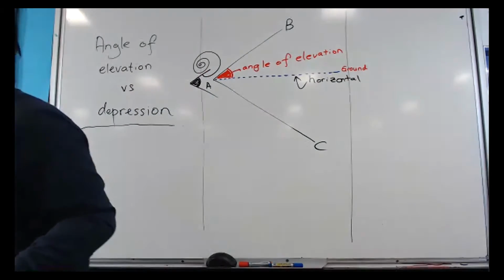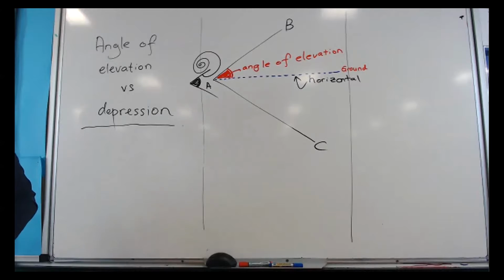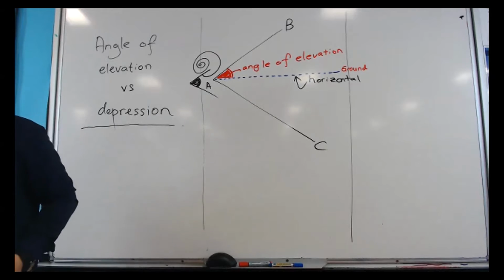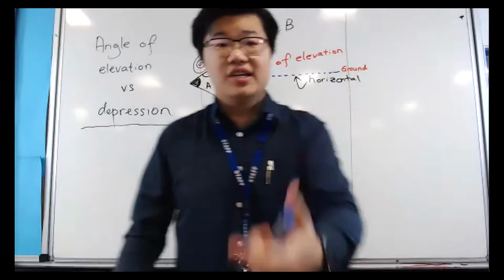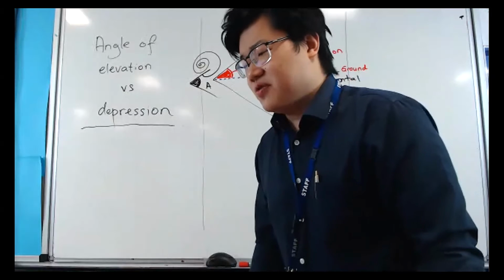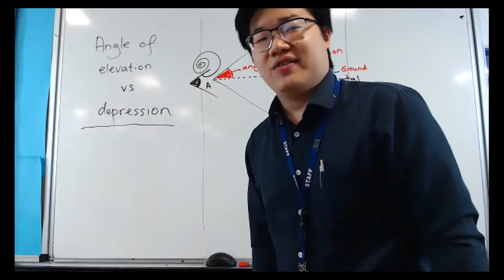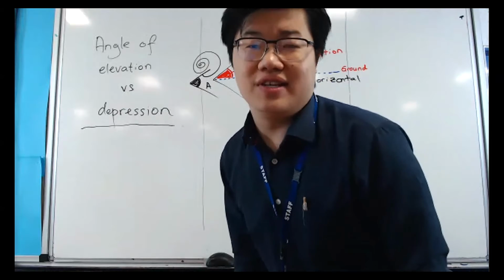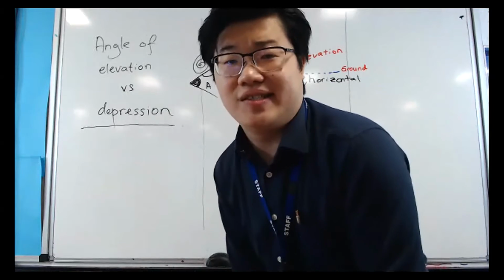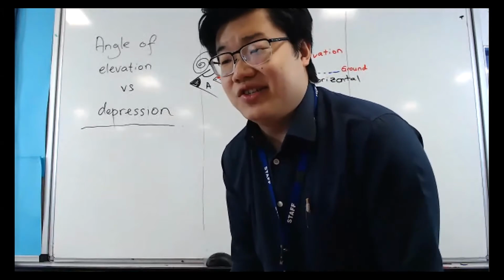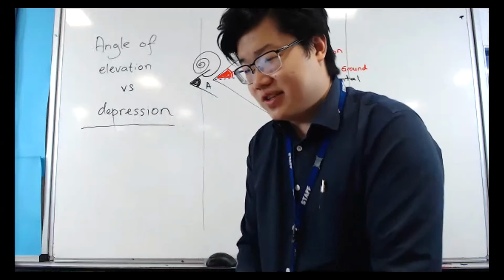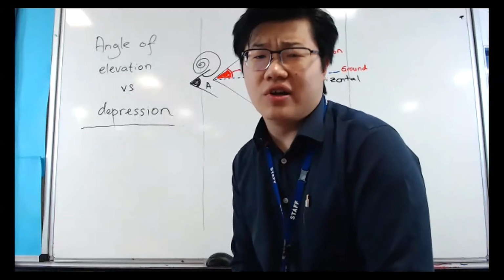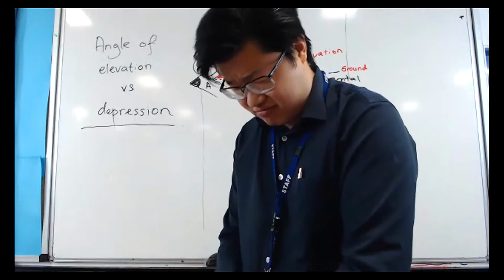Is it called angle of depression because it's down, and when you're depressed, you feel down? That's correct. Let's say when Alyssa feels down and sad, and she's depressed, you look down, right?